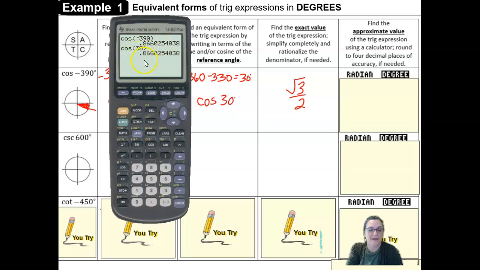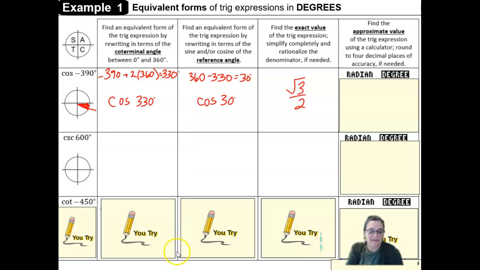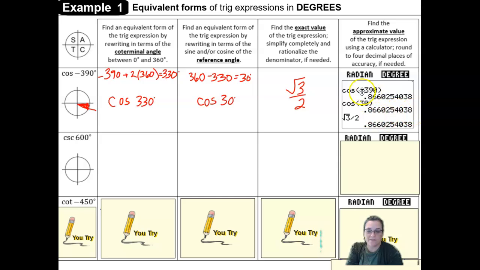Notice we get the same decimal. And we can compare that to a decimal approximation of the square root of 3 over 2. Notice we get the same thing each time. So the approximation rounded to 4 decimal places of accuracy for the cosine of negative 390 is 0.8660.